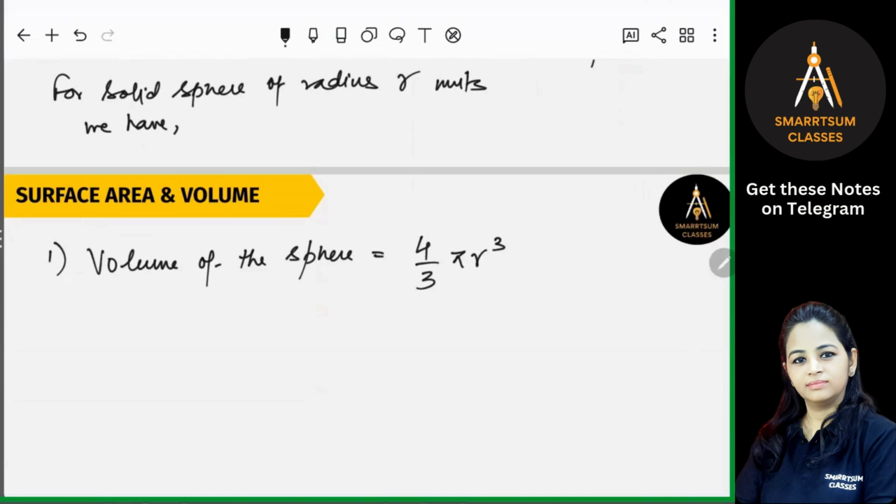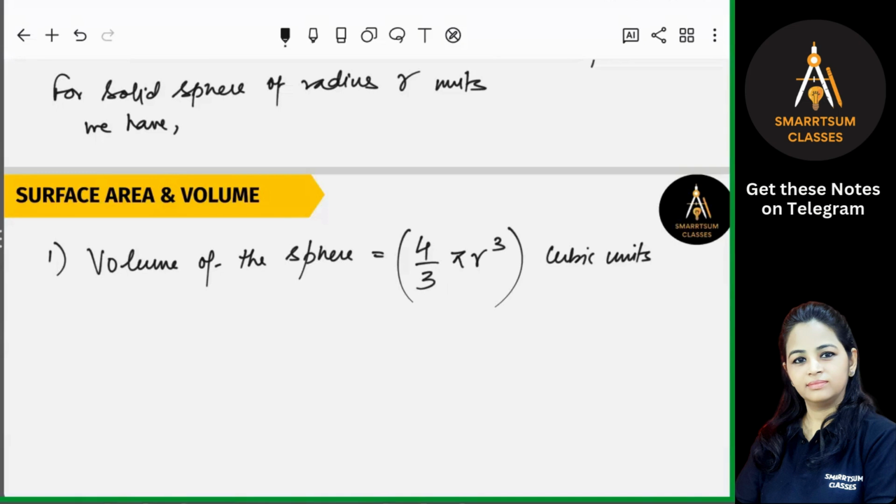Volume of the sphere is 4 by 3 pi r cube, cubic units. It is always in cubic units because this is a volume. So it is either millimeter cube, centimeter cube or meter cube. These types of units will be there.